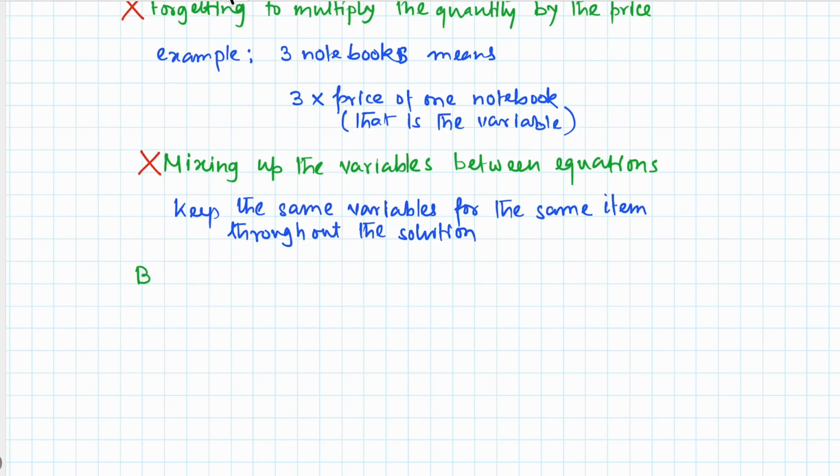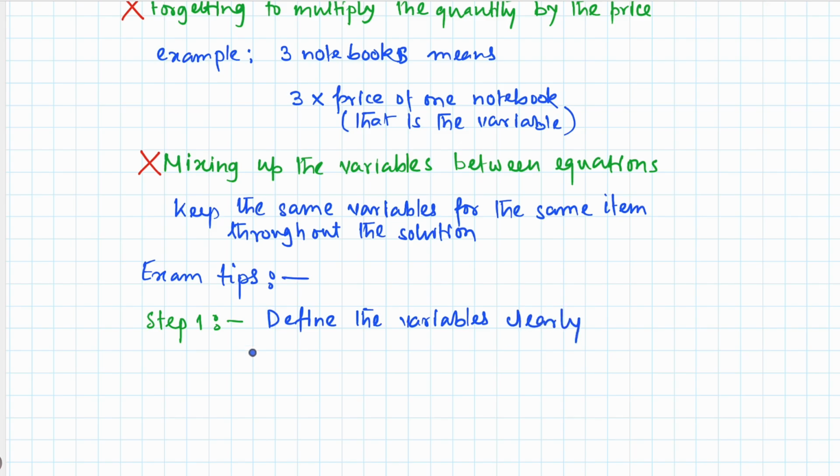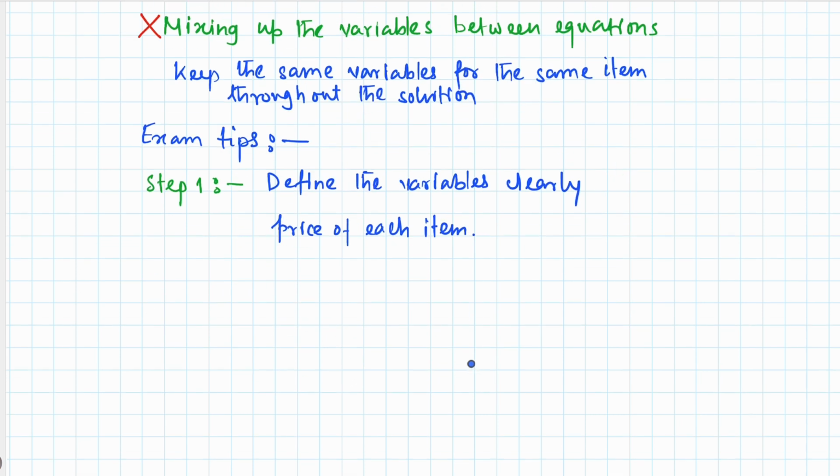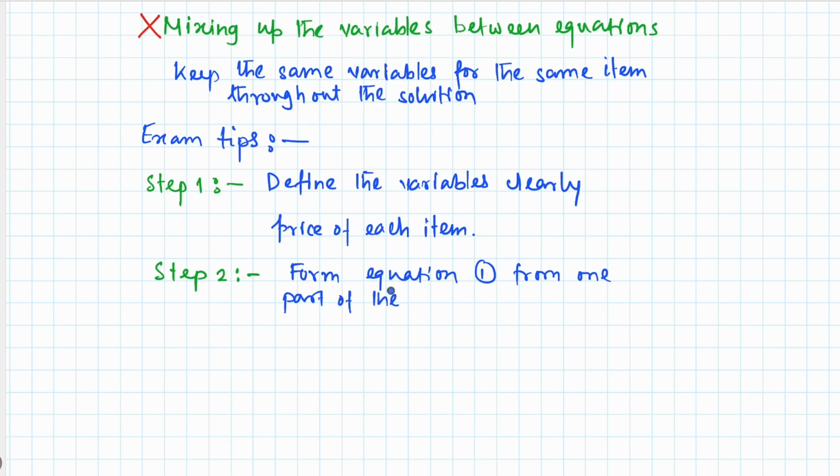Now, some useful exam tips. Step 1, define the variables clearly and assign them to the correct items, the price of each item. Then step 2, form the equations from the given statements. That is equation 1 from one part of the statement, and equation 2 from the second part of the statement.